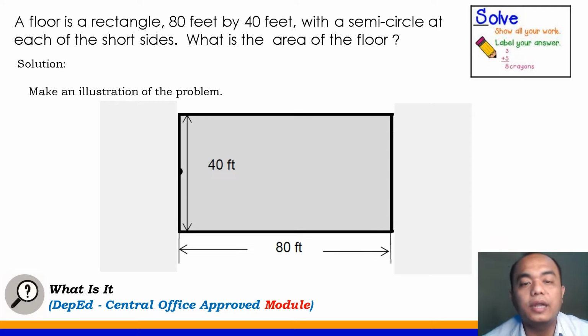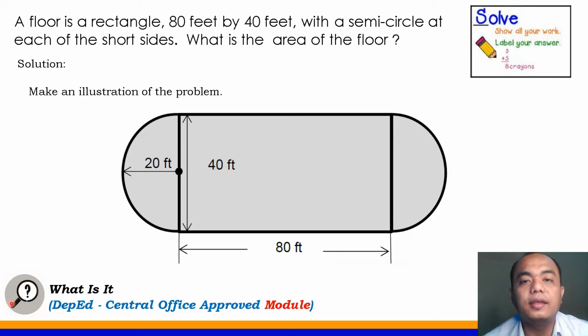Yan yung itsura ng ating sahig, which is 80 by 40 feet. Yung length niya is 80 feet and yung width niya is 40 feet. With a semicircle daw at each of the short side. Ito, meron daw semicircle dito at saka dito din. To illustrate that, here's how. Yan. Yan yung ating semicircle.